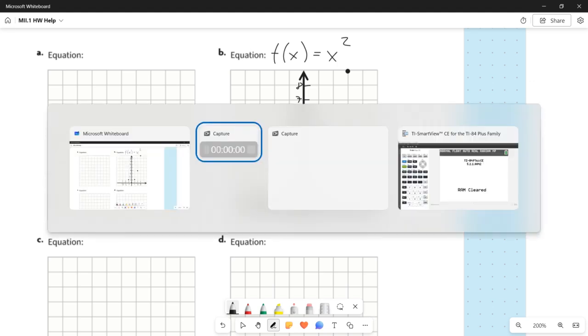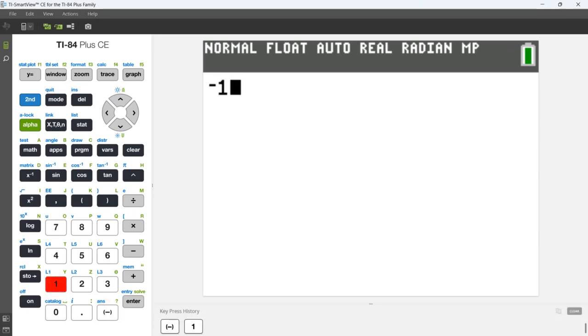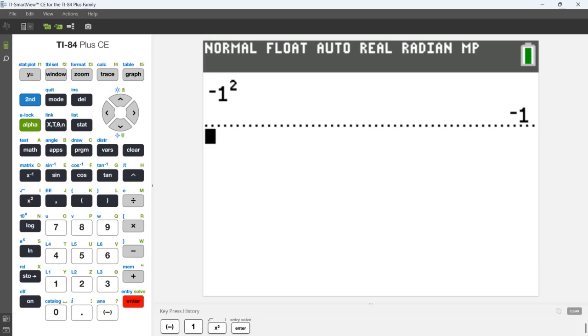Quick note on the calculator here. If you try to do -1 squared like this, you will get the incorrect answer. I see students make this all the time. If you type it in like this, the calculator is going to give you the wrong answer, and the reason is that the calculator does the squaring first, then makes it negative.